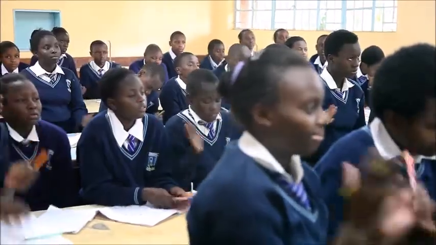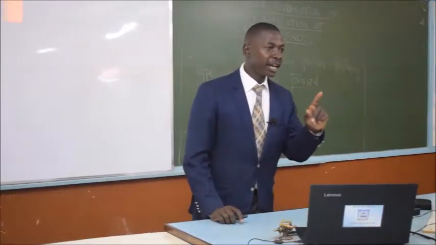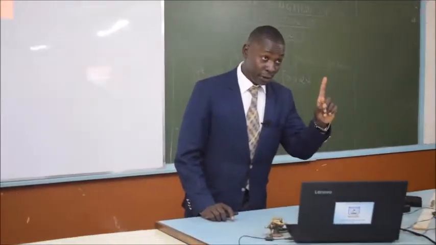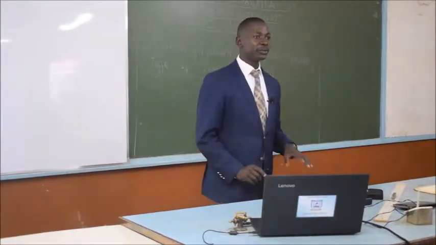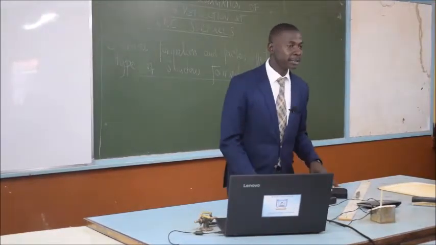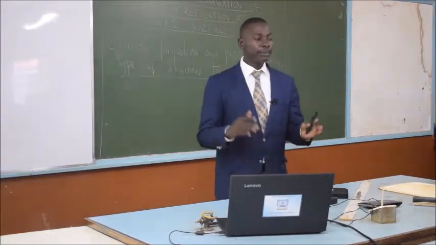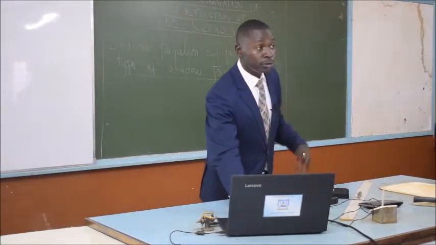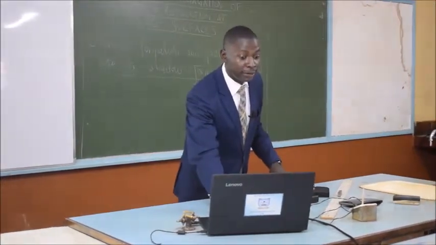Appreciate Paul. Paul is telling us that a shadow is formed when an opaque object blocks the path of light. Correct. But to understand further how a shadow is formed and why we say a shadow occurs when an opaque object blocks the path of light, we are going to watch this simulation video. I'll be stopping the video at some point to ask you questions. As you watch the video, note down the important things that you learn from that video.